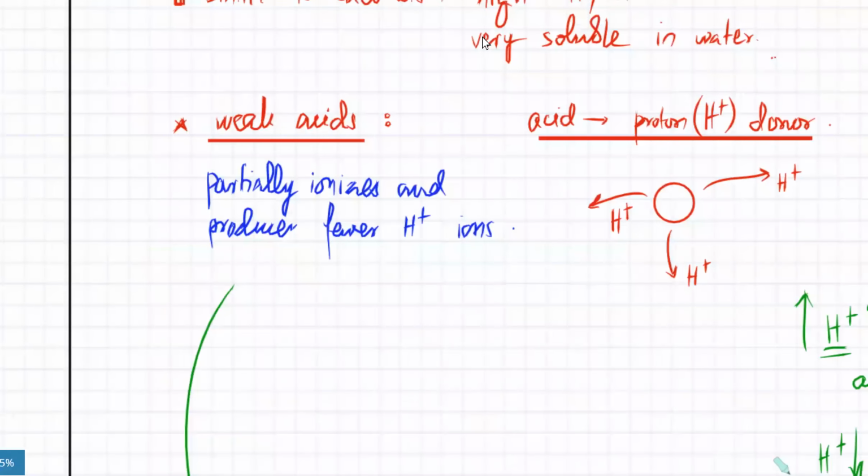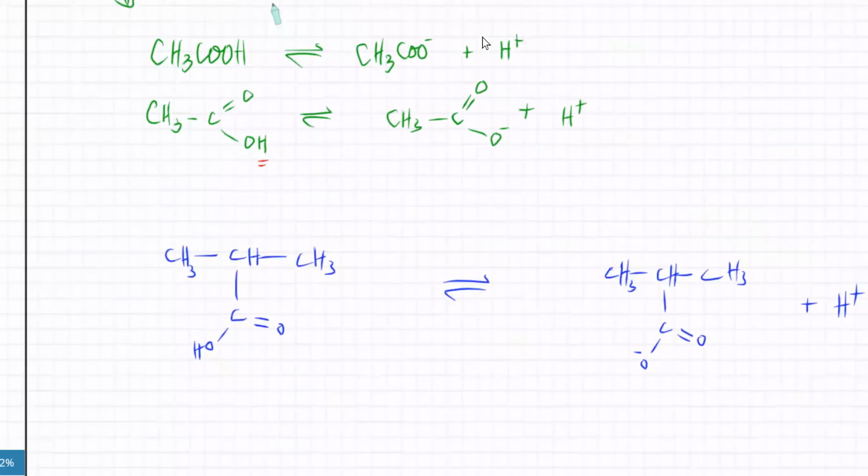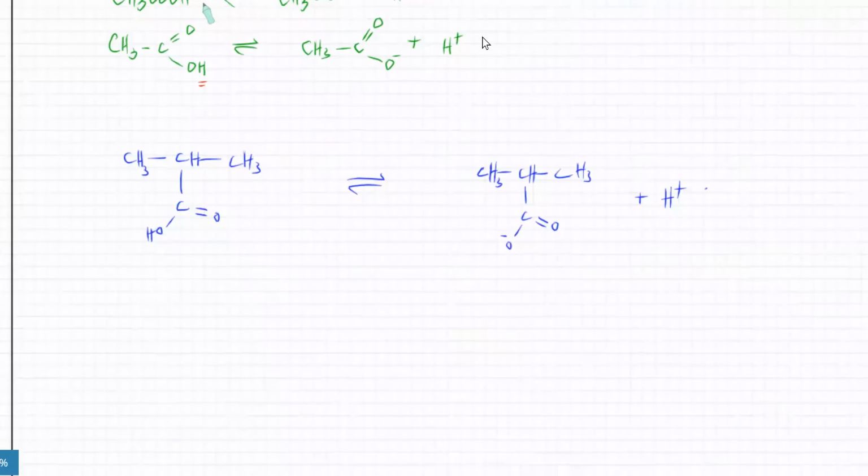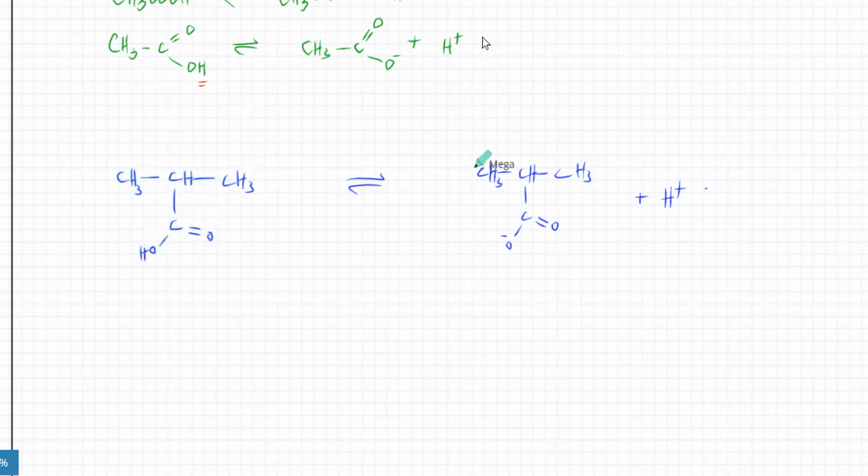The pH of weak acids is usually around 5 to 7. So pH is around 5 to 7. So that's what a weak acid is.